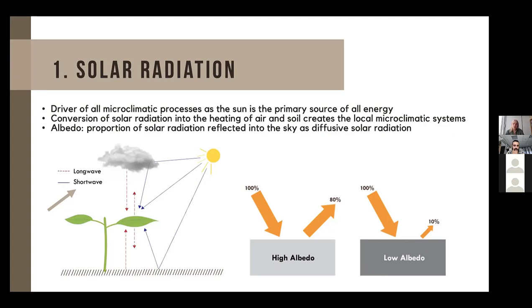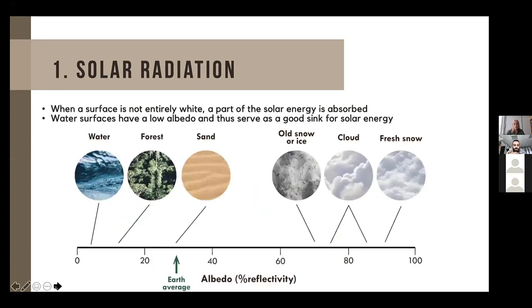And the proportion of solar radiation that is reflected into the sky as diffusive solar radiation is then called the albedo. The Earth itself also radiates, as it contains heat, and this is called longwave radiation. So this is important to take into account when we start talking about this energy balance system.